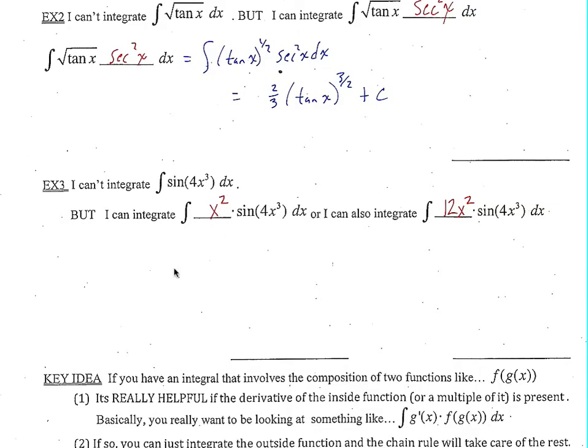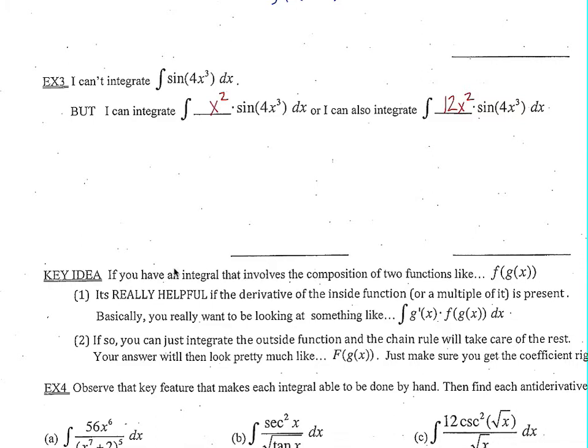So the first one is going to be cosine of 4x cubed, and we're going to need to balance the coefficient.